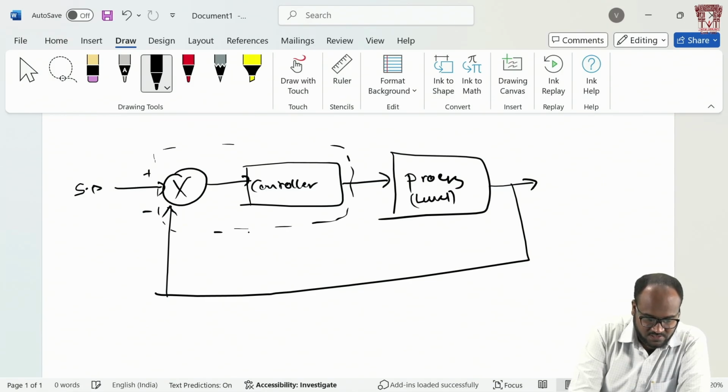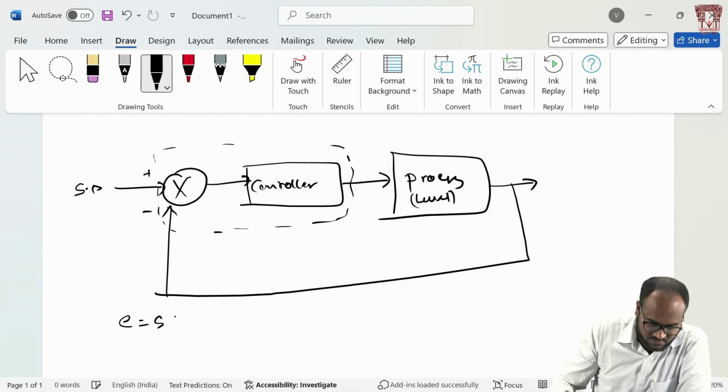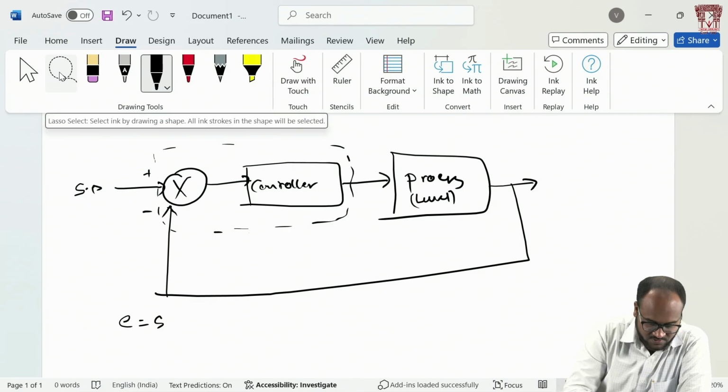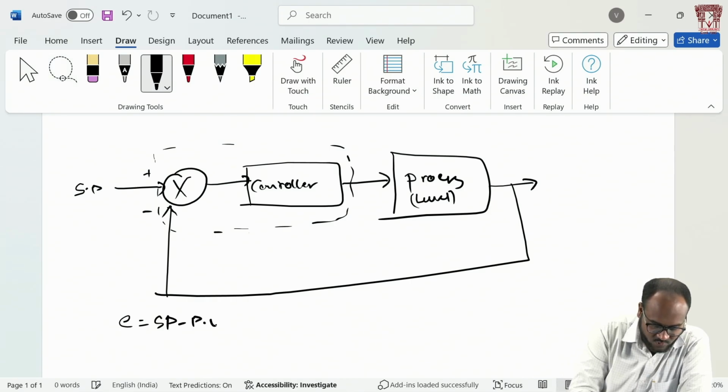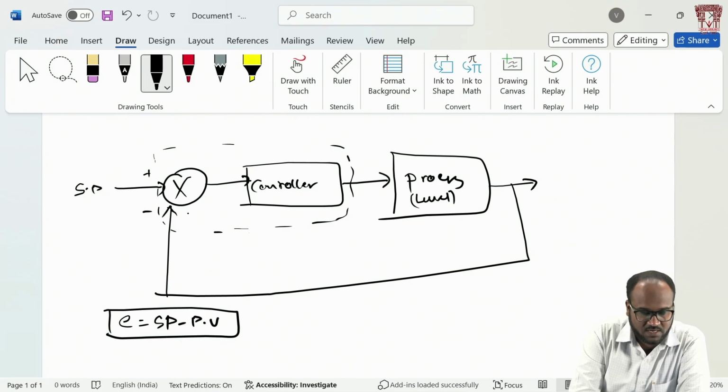This error calculation that we are doing here is a calculation like E is equal to set point minus process variable. So a simple arithmetic operation is done to calculate the error.